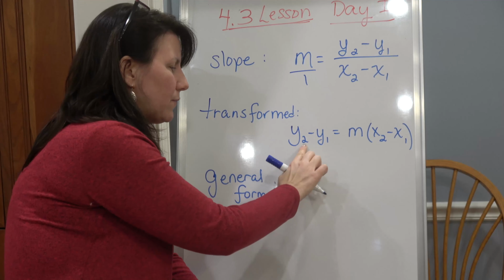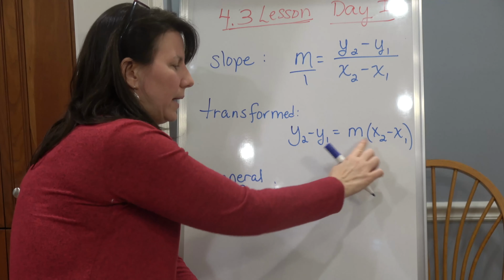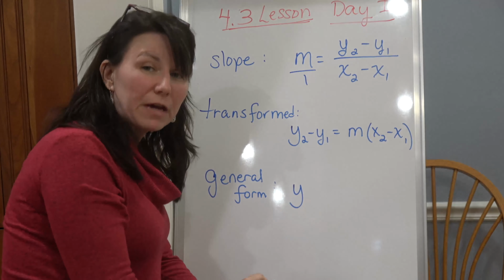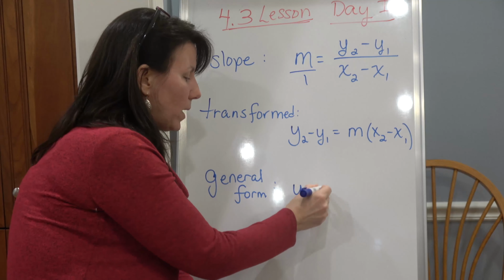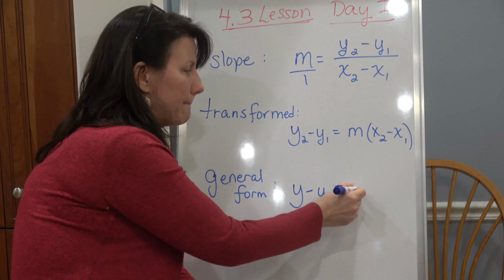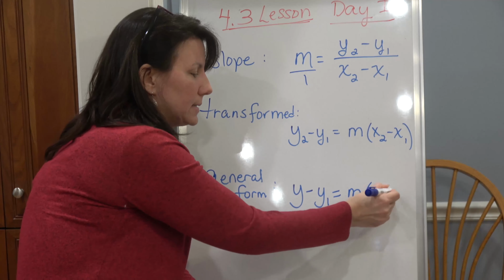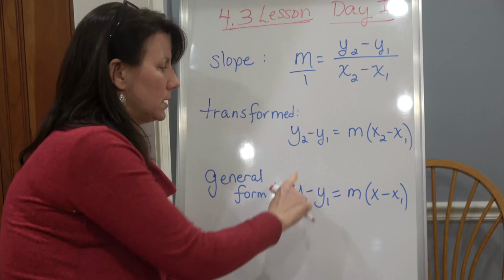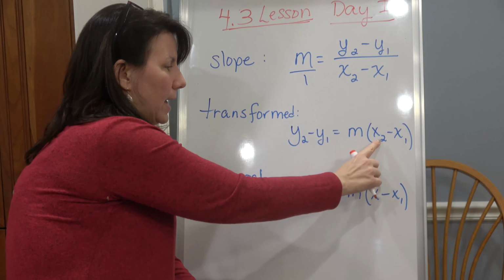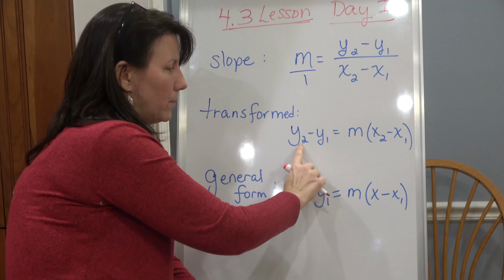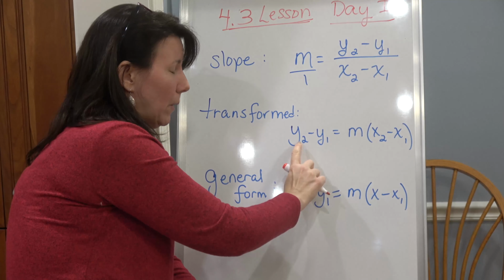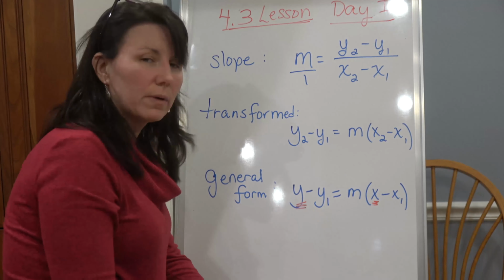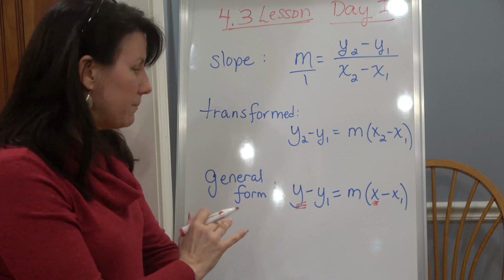What we do is we say for any x, y pair, we're going to replace the y sub 2 with just the variable: y minus y sub 1 equals m times x minus x sub 1. So what we did was we just took the x sub 2 and y sub 2 and we replaced them with just the variables. Okay, so this is the general point slope form.